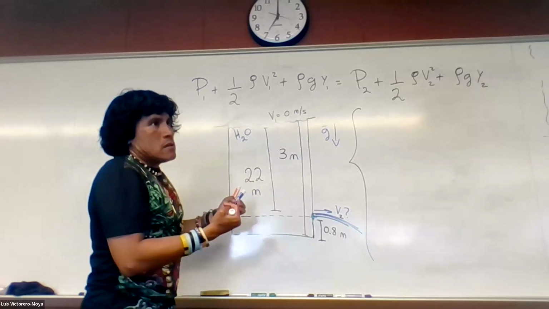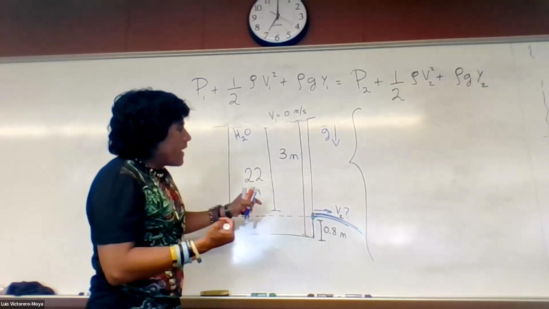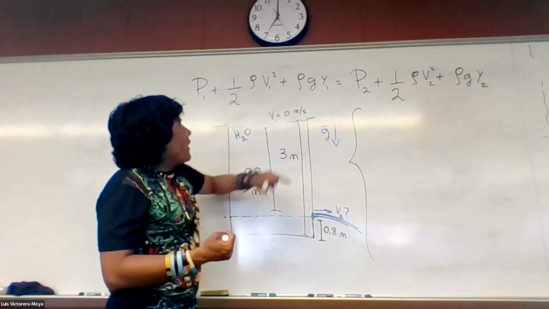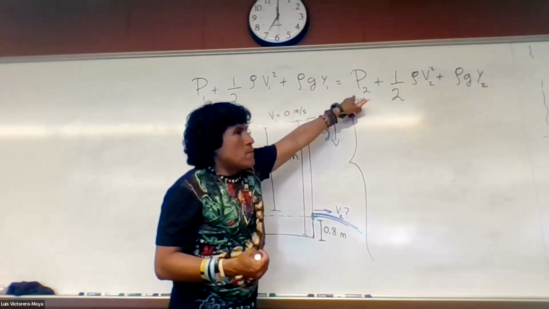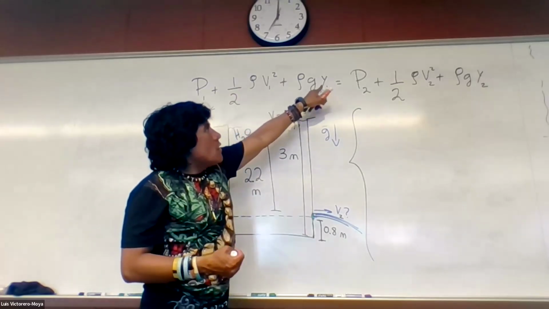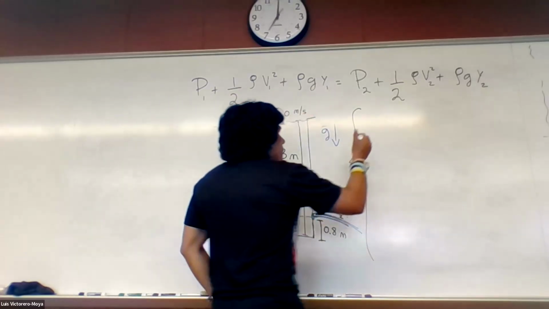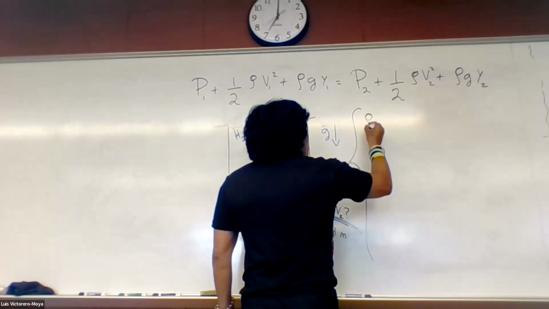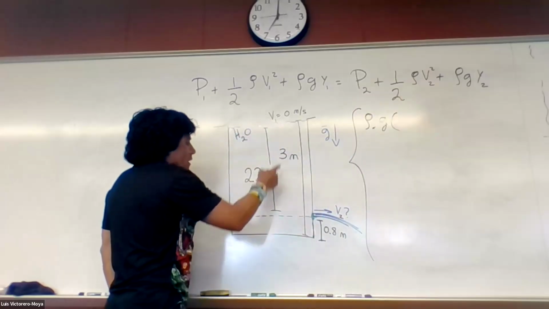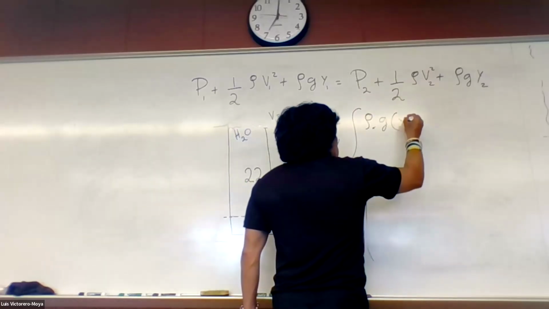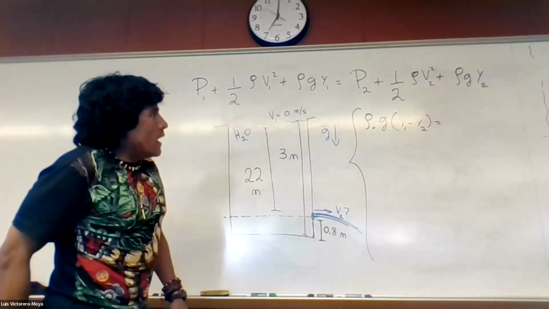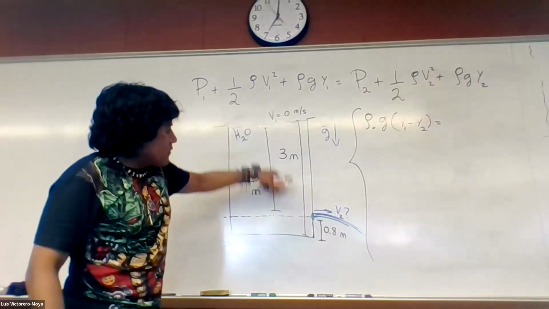So the only factor on the top is rho g y1, because the velocity is 0 and the pressures are the same, P1 and P2. So rho g (y1 minus y2), where y1 minus y2 is the difference between the levels of water, which is 2.2.